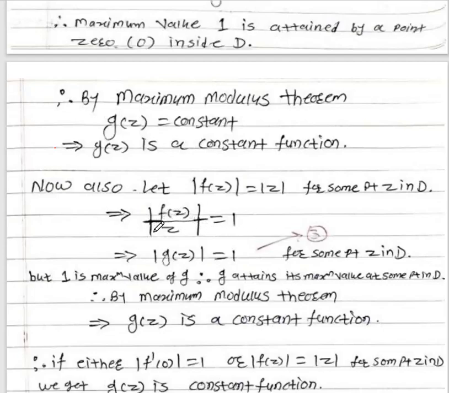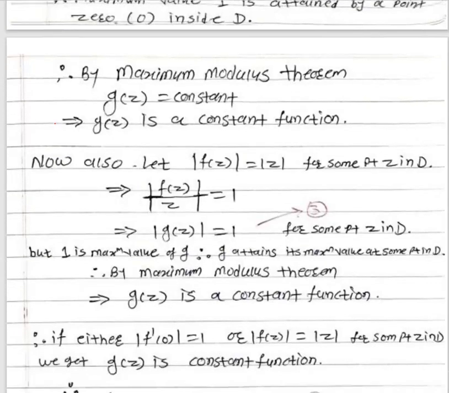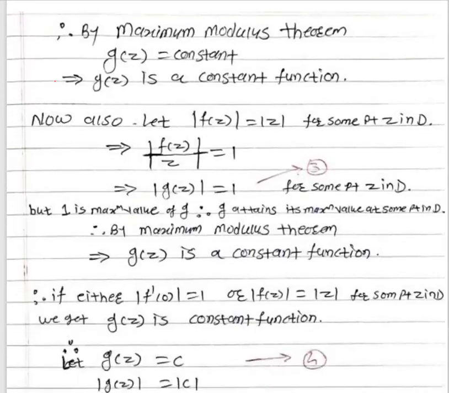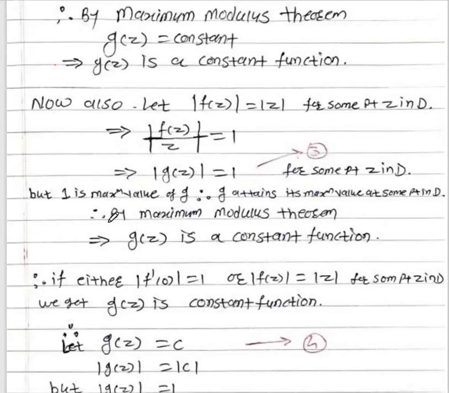And from the definition in equation number 1, this can be written as mod g of z equal to 1 for some point in region D. Again, 1 is the maximum value of g. So g attains its maximum value at some point in region D. Therefore, by the maximum modulus theorem, g of z is a constant function.